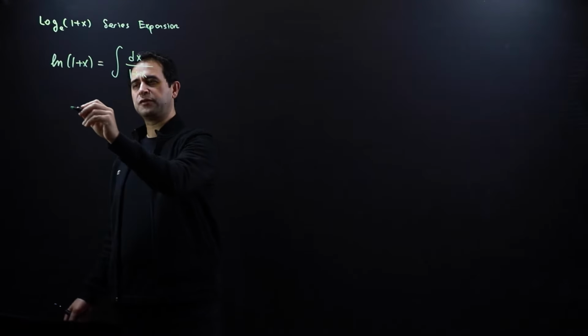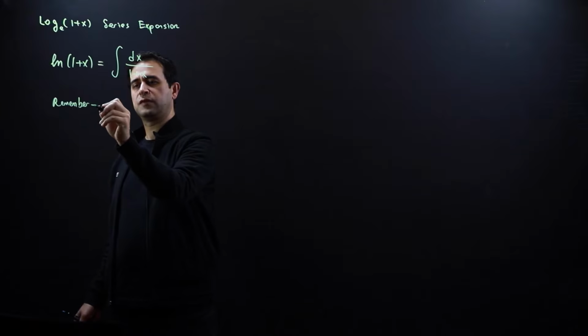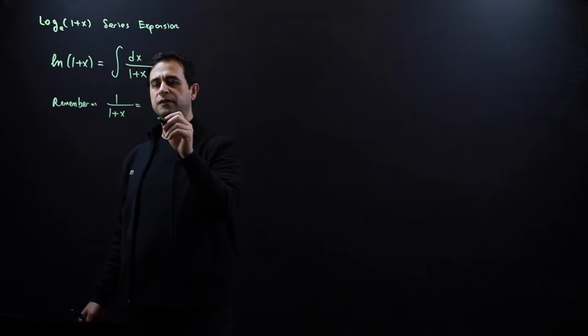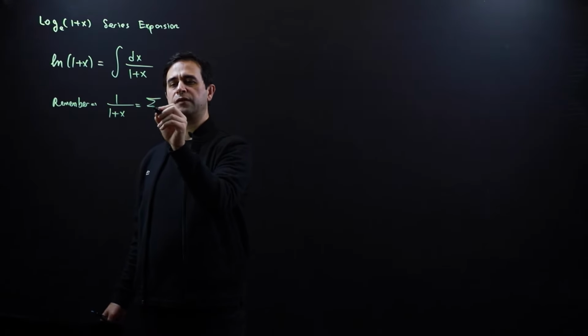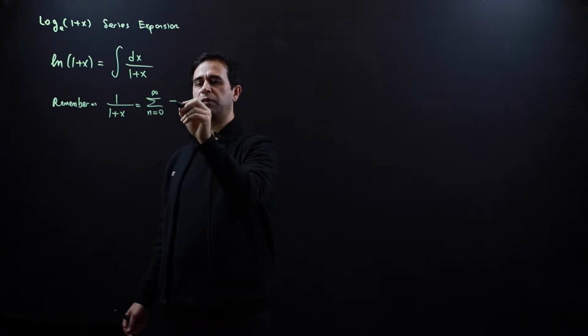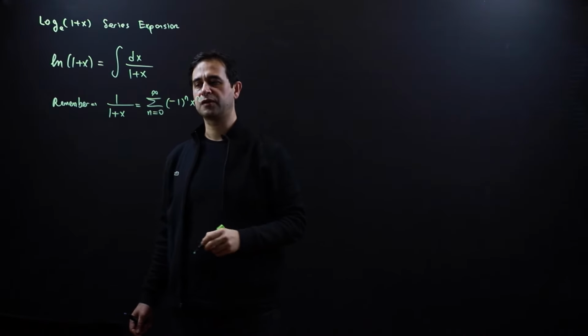So remember that 1 over 1 plus x is equal to, in series notation, the sum from n equals 0 to infinity of minus 1 to the power n times x to the power n, right?